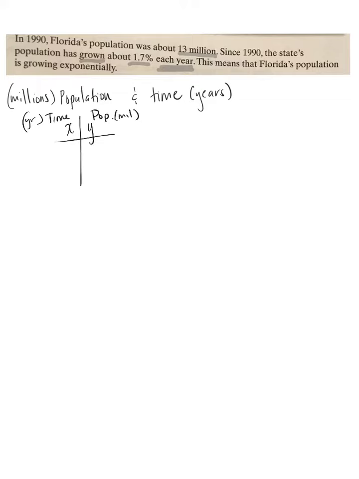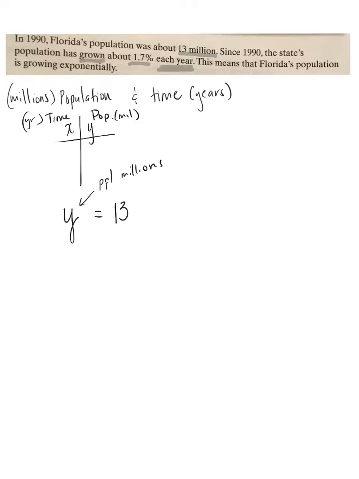All right. Furthermore, if I want to find Florida's population in 1991, my population is going to be y, and that represents the number of people in the millions. So y is going to equal my 1990 population, which was 13. Again, we're talking about millions, so it's 13 million.